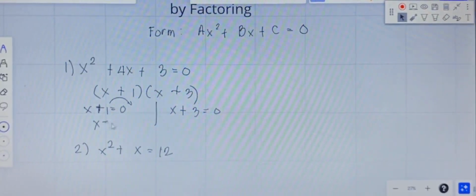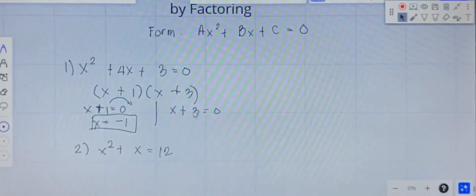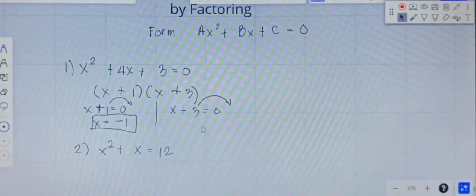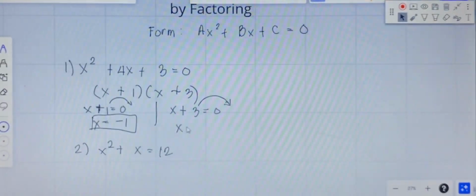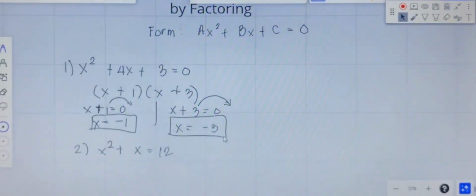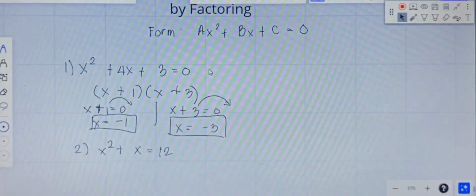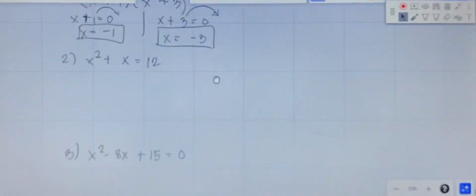So x will become negative 1 there. And this one, if you move it there to the other side of the equal sign, the positive 3 will become a minus. So x is equal to negative 3. So the values of x are negative 1 and negative 3. Now we have our solutions then. Easy, right? Now let's proceed with the second example.